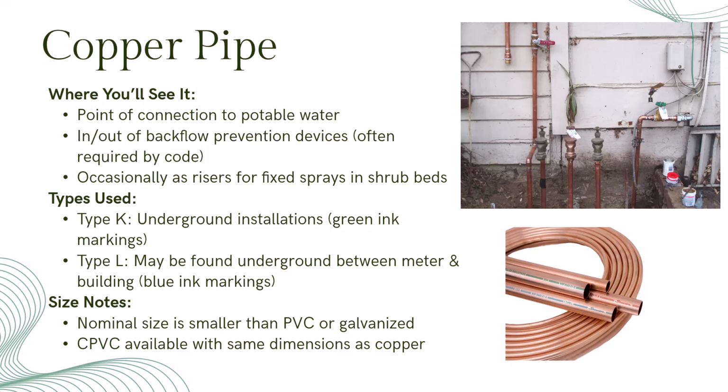Type K is used for underground installations and has green ink markings. Type L can also be found underground between the meter and the building, and it has blue ink markings. One important thing to know, copper's nominal size is usually smaller than the same nominal size in PVC or galvanized pipe. There's also CPVC available that's made to match copper pipe dimensions.